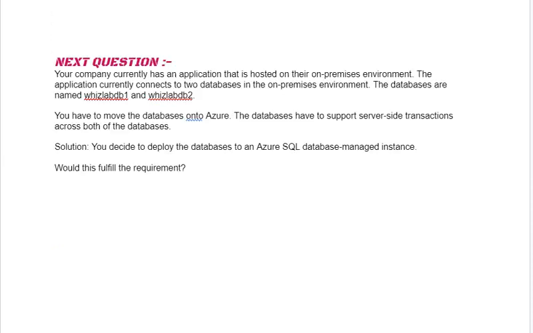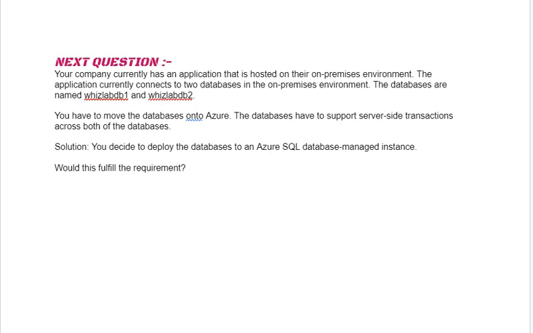Next question is, your company currently has an application that is hosted on their on-premises environment. The application currently connects to two databases in the on-premises environment. The databases are named this and this. You have to move the databases onto Azure.